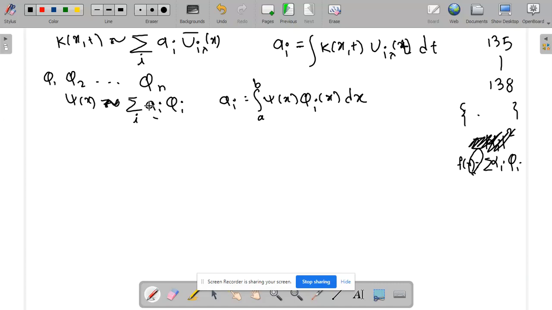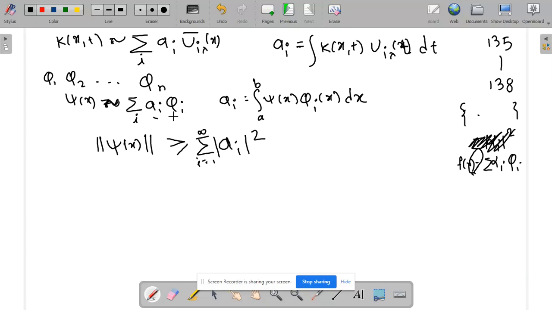Then Bessel's inequality, which can be proved by using functional analysis, I think you all must have already proved. The norm of ξ(x) is greater than or equal to the summation over i going from 1 to infinity of the mod of ai squared.